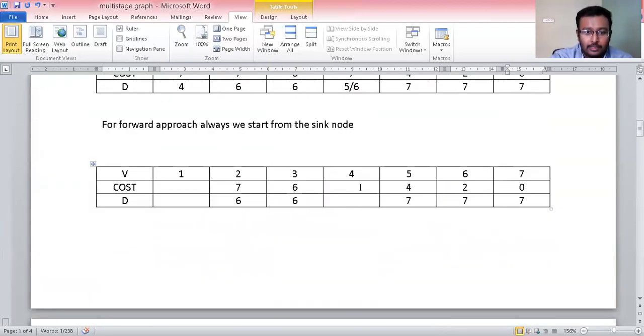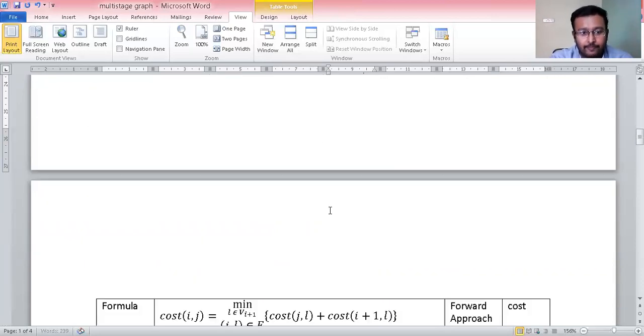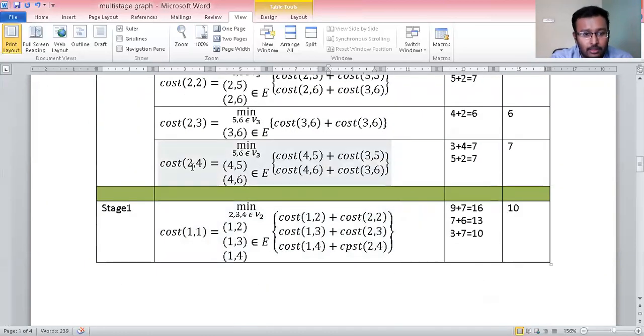I'll fill that. Now from 4, which vertex am I going to select? There are two edges going, 4 to 5 and 4 to 6, and both costs come out equal, 7 and 7.